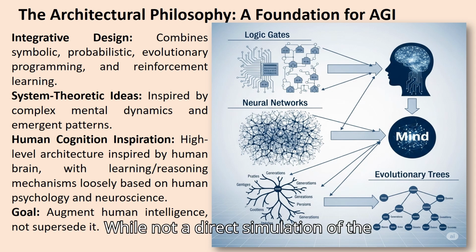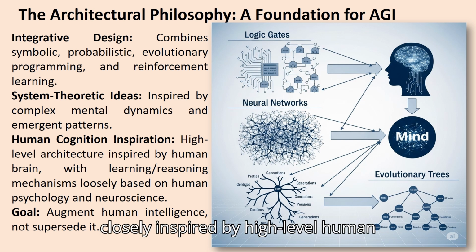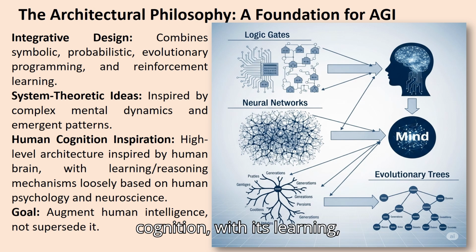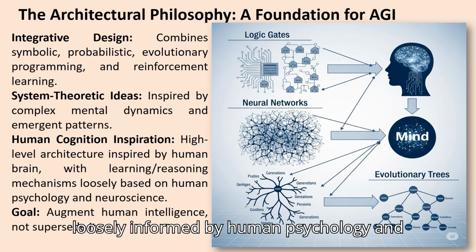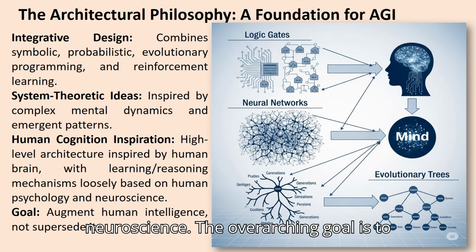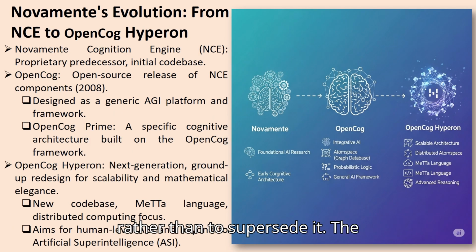While not a direct simulation of the human brain, Novamente's design is closely inspired by high-level human cognition, with its learning, reasoning, and perceptual mechanisms loosely informed by human psychology and neuroscience. The overarching goal is to augment human intelligence and capacity rather than to supersede it.